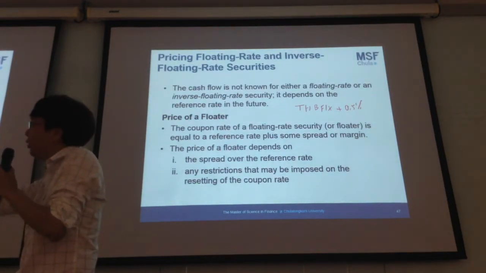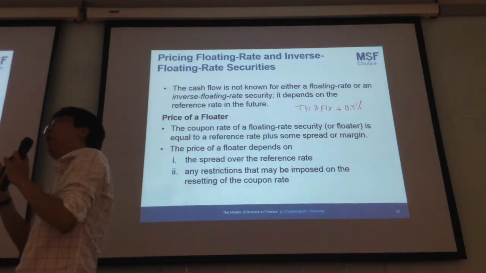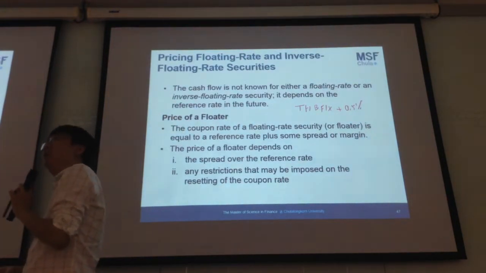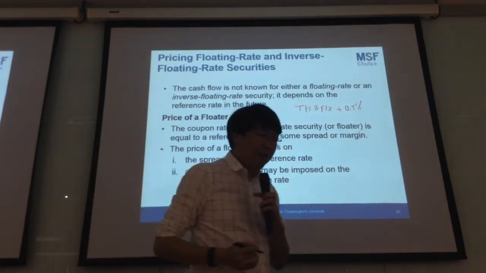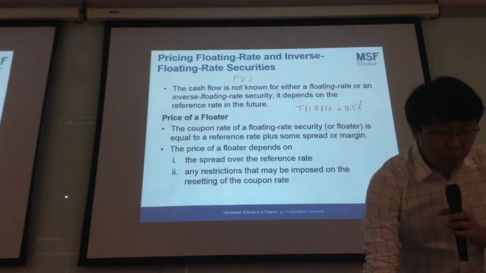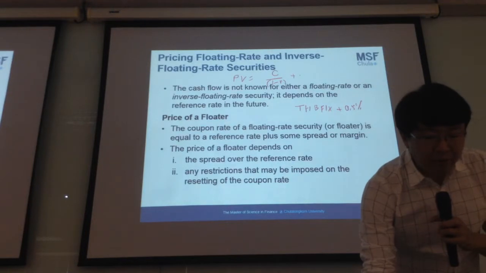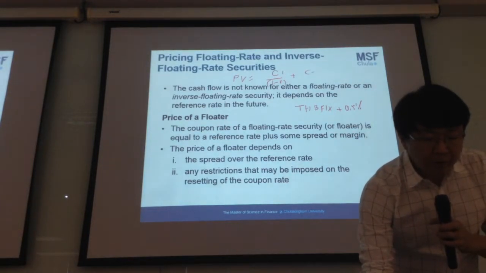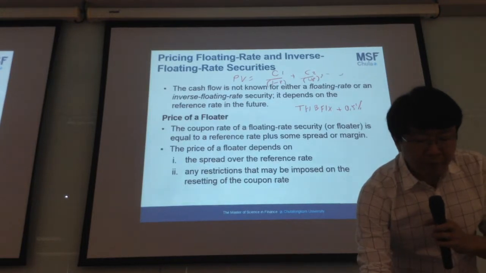And the discount rate also adjusts in the same direction. So there is no effect from a change in the market interest rate. You understand what I mean? If you look at the formula for bond pricing, PV is equal to coupon divided by 1 plus the interest rate, and so on.